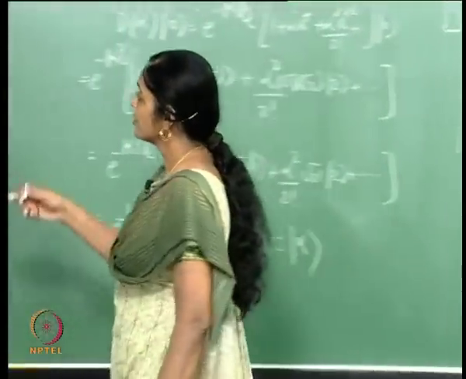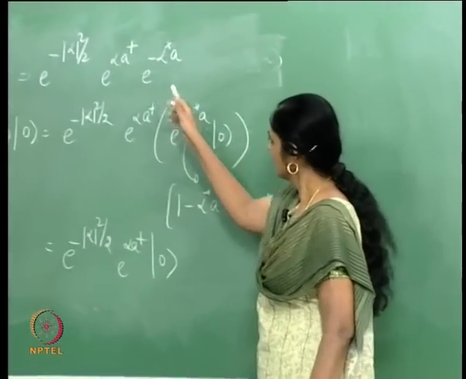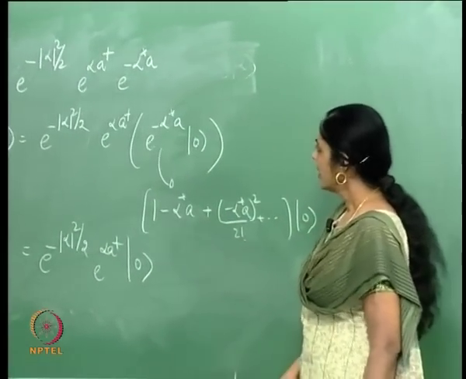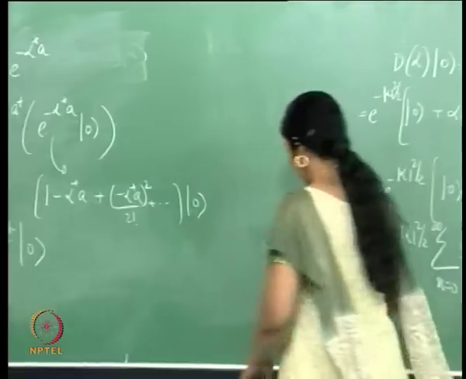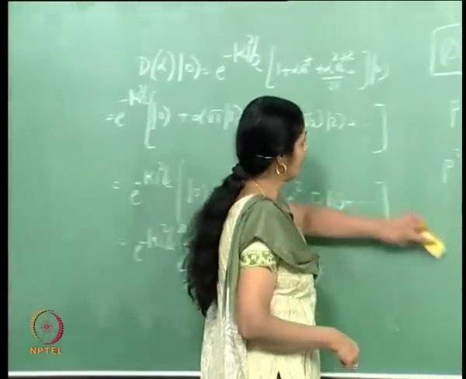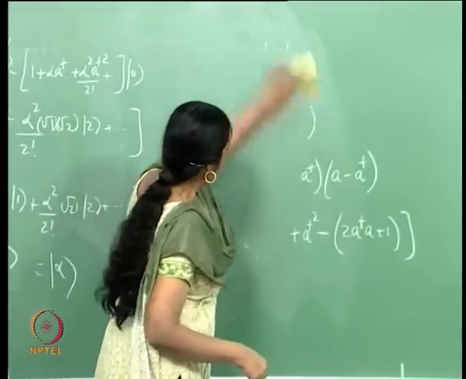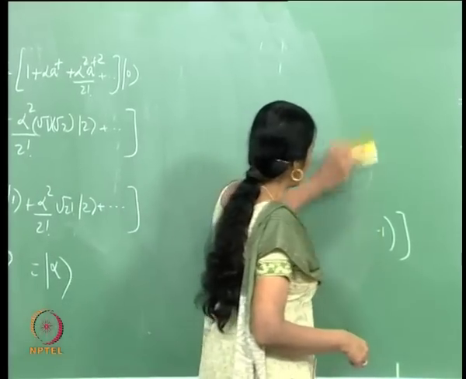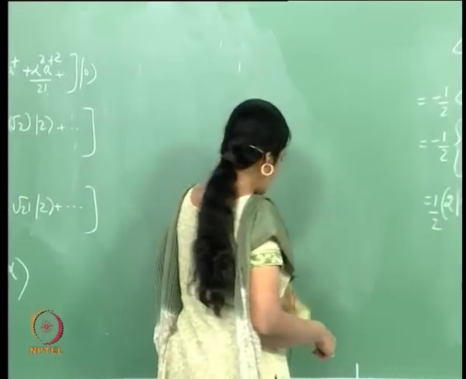The operator is of this form. It is called the displacement operator. It is called the displacement operator because it displaces ket 0, takes it to ket alpha.